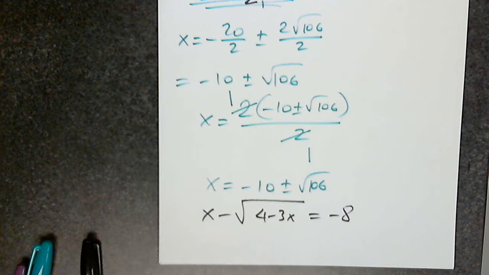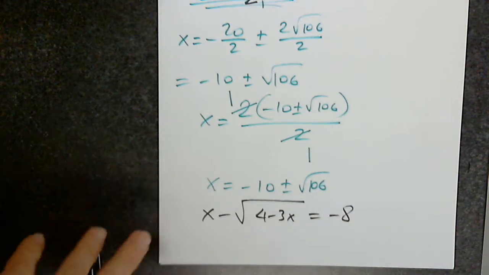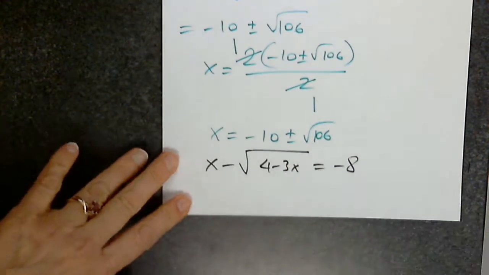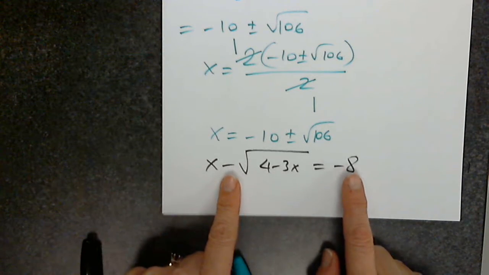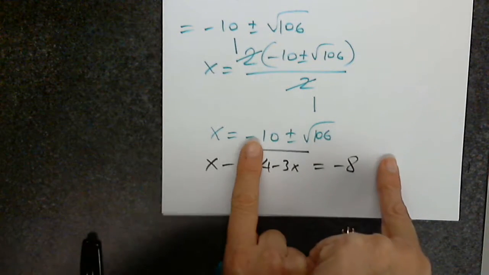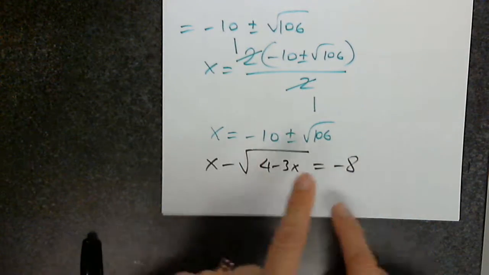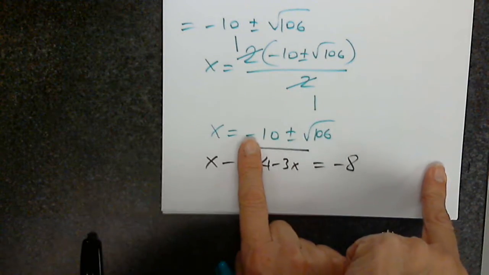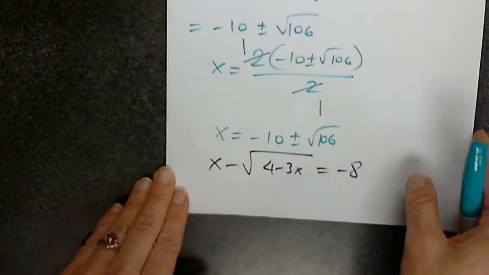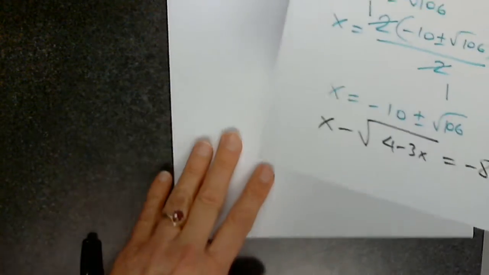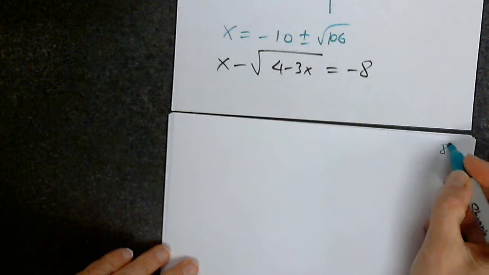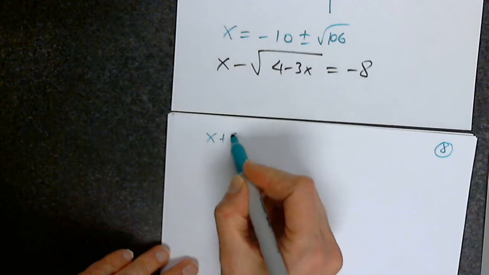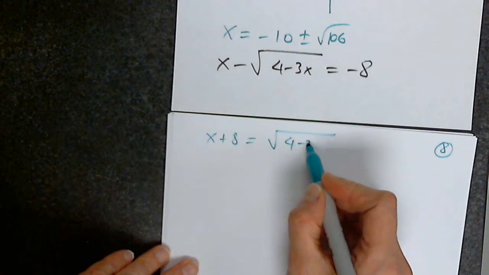You can't square in this setting. You are not going to get anything. I recommend, because the radical has a minus sign in front and the negative 8, I recommend do this. It will save you a little bit of time. Not a lot, but a little bit. So x plus 8 equals the square root of 4 minus 3x.